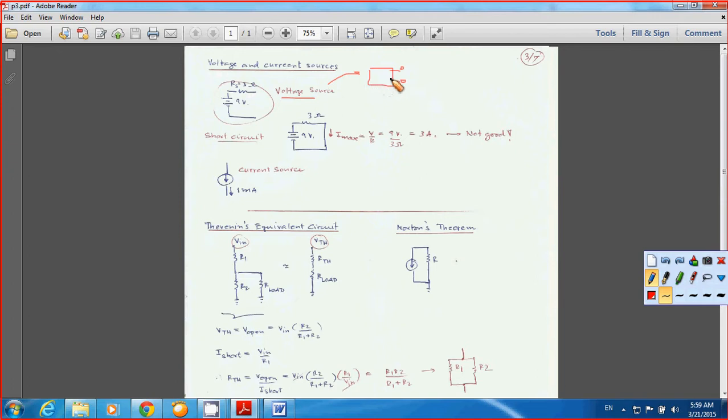The problem is, for example, when you have a 9-volt battery with an internal or source resistance of 3 ohms, when you connect the load, usually the voltage here is going to drop. Actually, you want to keep this the same. It doesn't matter whether you connect the load or have no load.